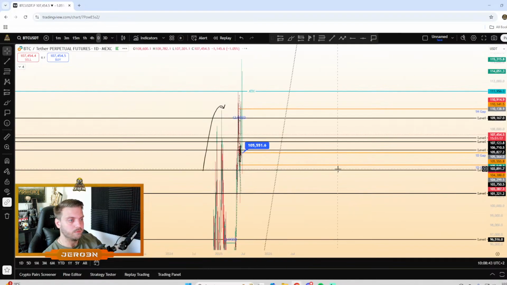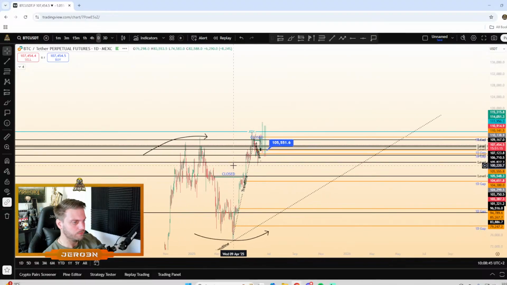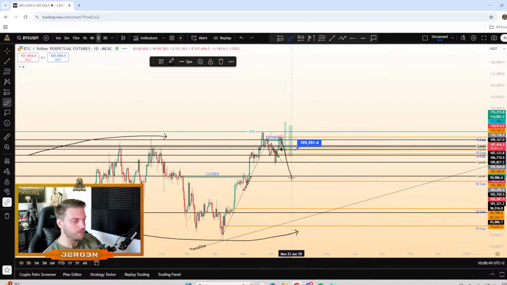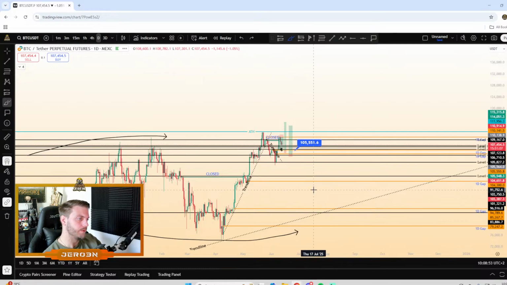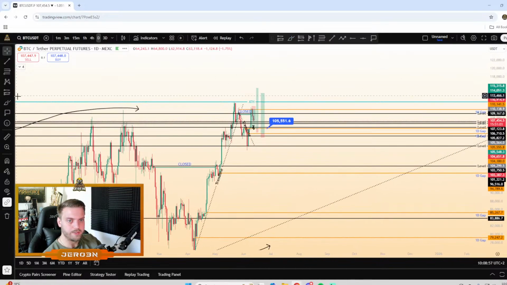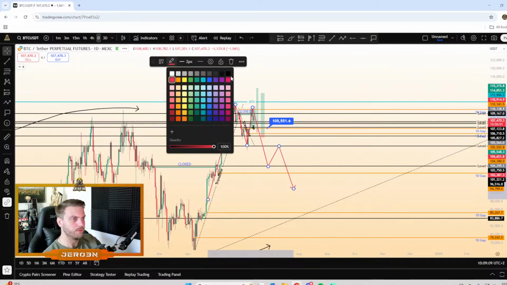Because really, if we zoom out, we could have a very big potential of going towards here and maybe even here. Where we are right now, we created this double top pattern, which can serve like this. Let me give it a better color.